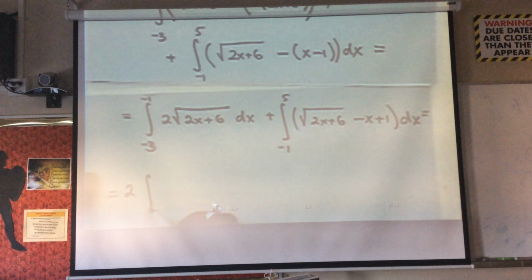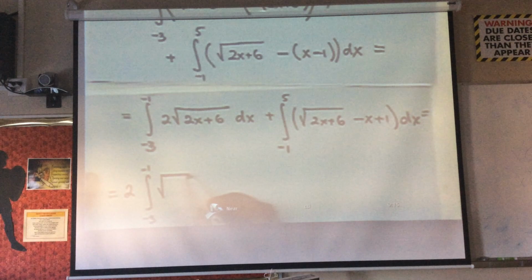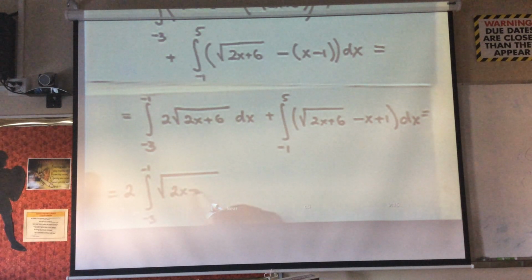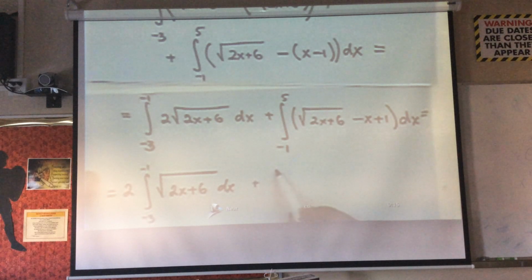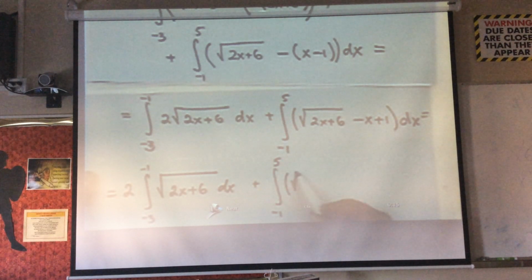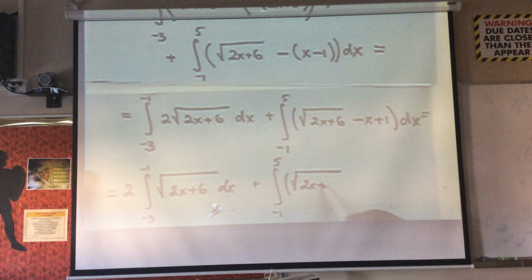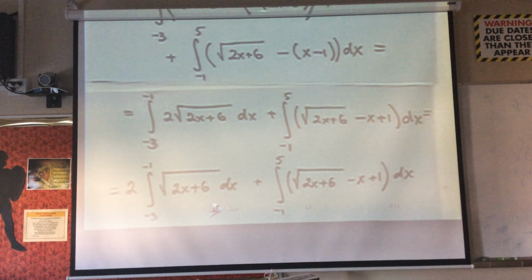So we get 2 integral from -3 to -1 of square root of 2x plus 6 dx. And here, well, nothing really you can do. We'll be copying this problem. All right, so this is what we have.